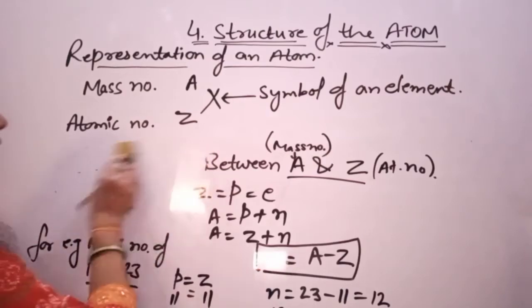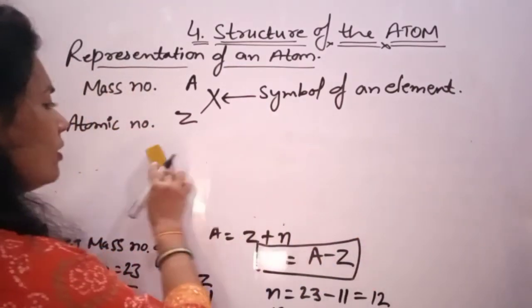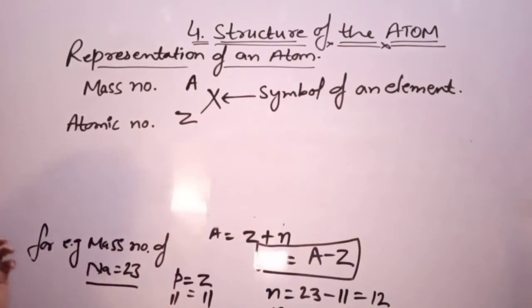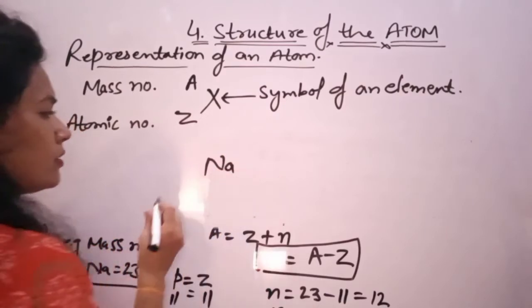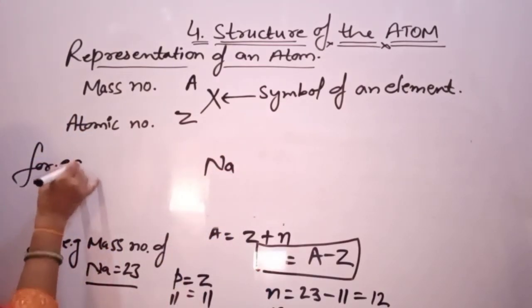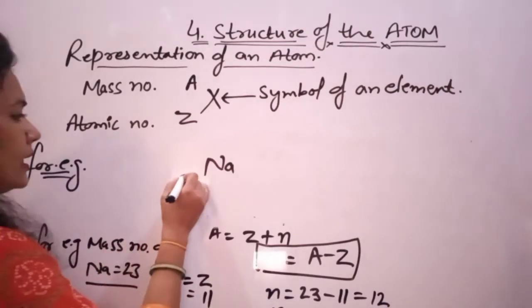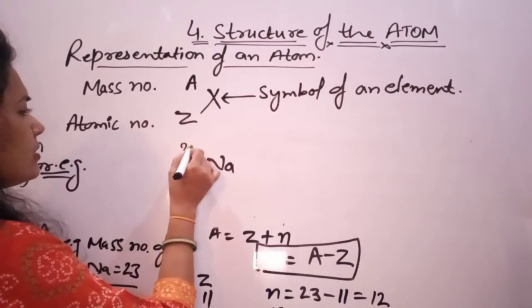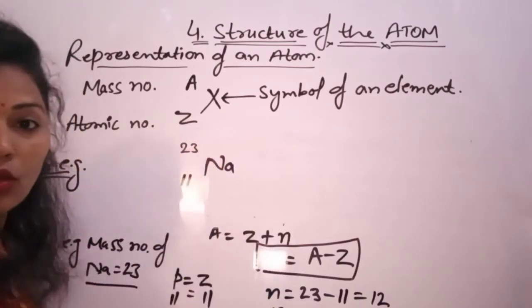So we can represent this sodium like that. Let us write the symbol of sodium. The symbol of sodium is Na, and the atomic number is 11 and the mass number is 23. So that we can write.